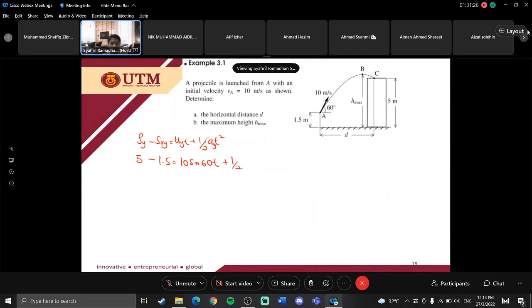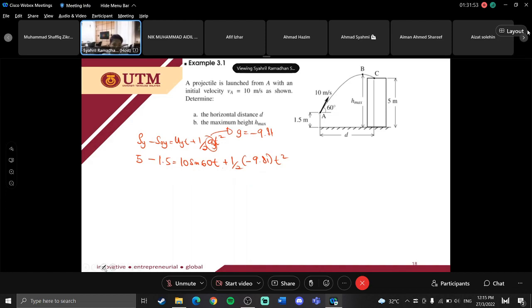Ay is actually g. As I mentioned, since g is directed downward, it is negative 9.81. So negative 9.81 t squared. Okay, so this is the equation that you need to use.